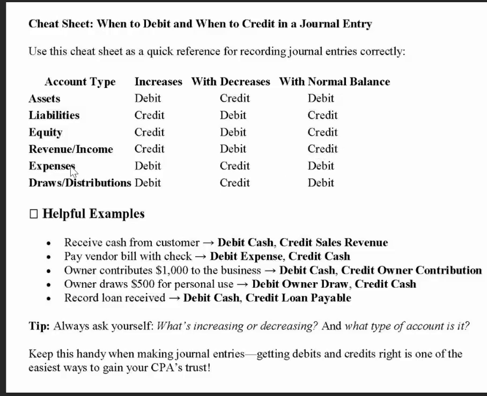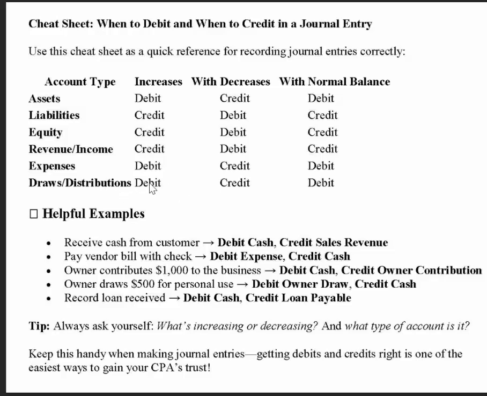With your expenses, for everything that someone buys, or your bills, or your rent, those are a debit. And if it decreases, you get a refund, then it's a credit. The normal balance for those are debits. If it's a draw or a distribution down in the equity section, then it's a debit.